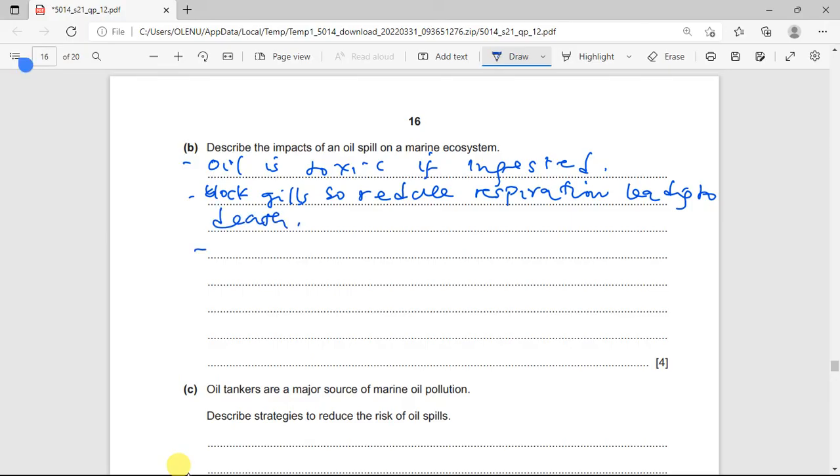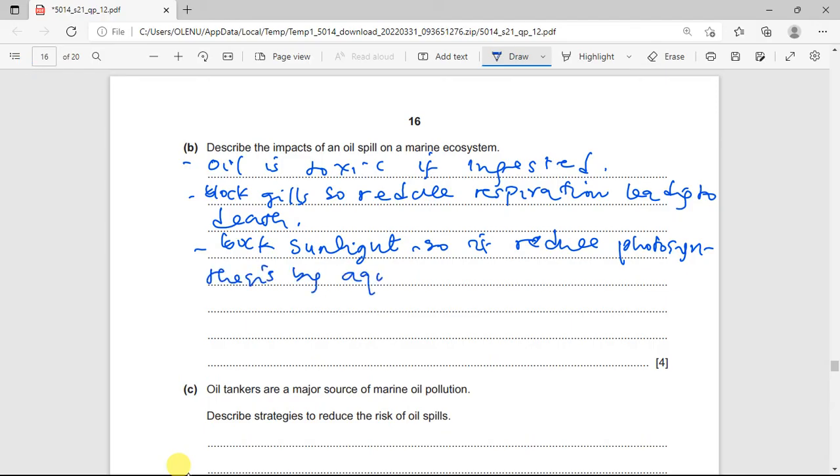Another major impact is that because it covers the water, it can block sunlight. If it blocks sunlight, it reduces photosynthesis by aquatic plants. It doesn't just end there.